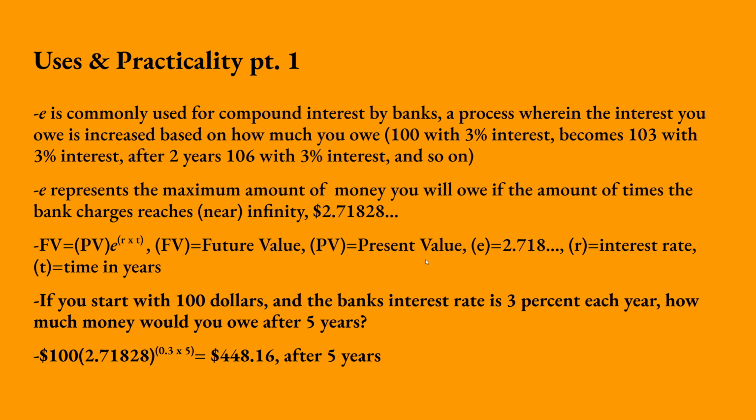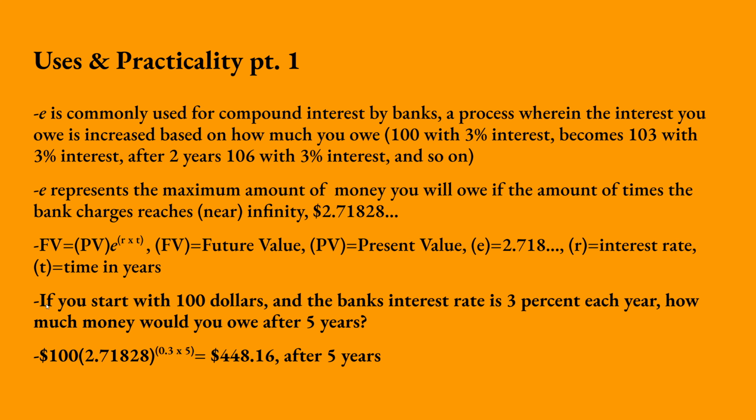PV, present value, how much you currently have given the bank. E, 2.71828. And then e to the power of R, which is the interest rate of the specific bank. Many banks have different interest rates. And time in years, which is how long you have owed this debt. And this is in years, so it's assuming that T is 1 year.